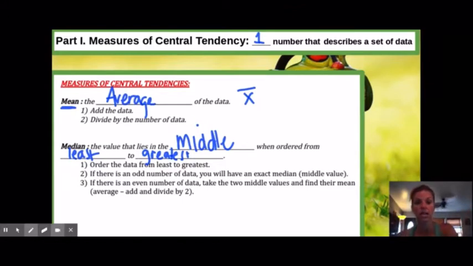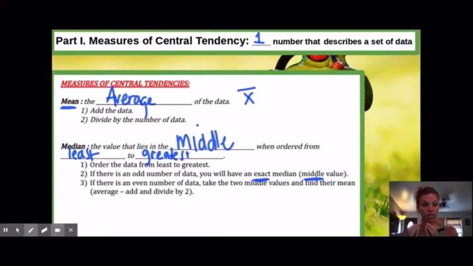Now, here's the deal. If you have an odd number of data, say 13 numbers, you will get an exact middle number. You cross off 6 on both sides, and you'll be left with one number in the middle. That's the median. If there's an even number of data, say 14 numbers, when I cross 6 off from both sides, I'm left with 2 numbers in the middle.